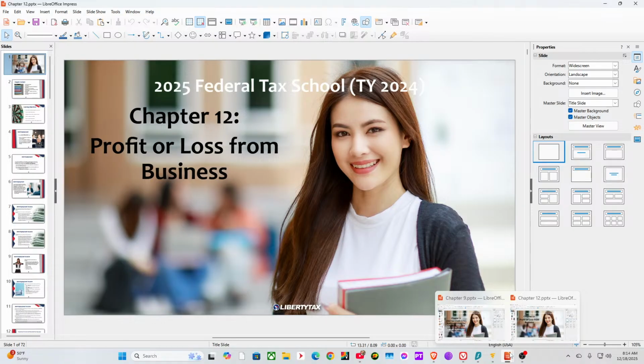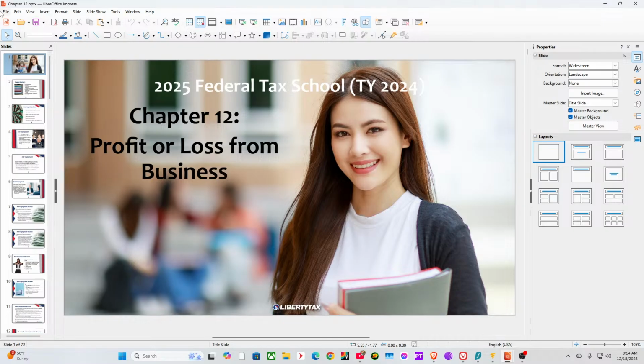To pass the test, you would actually need that information, but like we said, the whole idea about this class and this structure is to get you on the ground running for most of the early season returns that are going to walk through the door, and those other credits are not as common as the ones that we're going to talk about today.